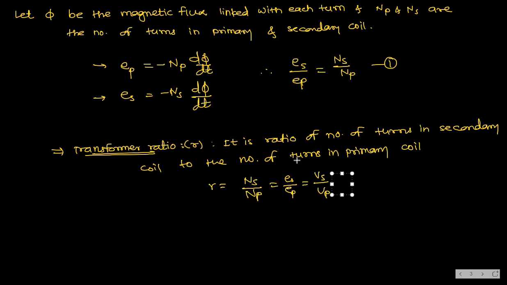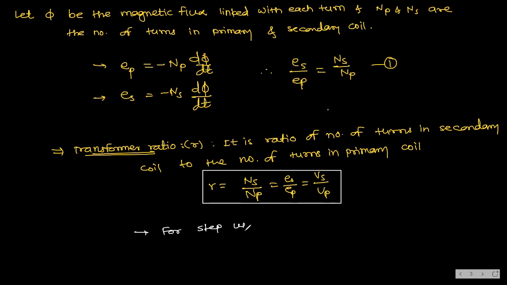So transformer ratio R is equal to NS by NP is equal to ES by EP is equal to PS by PP. For step up transformer, what is the case? NS is greater than NP and therefore R is greater than 1.